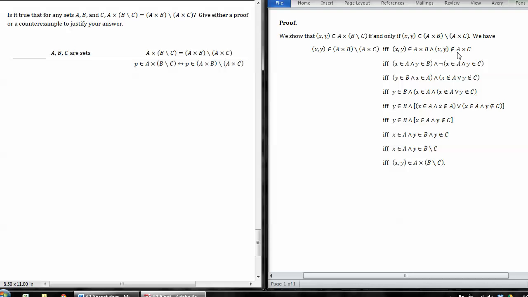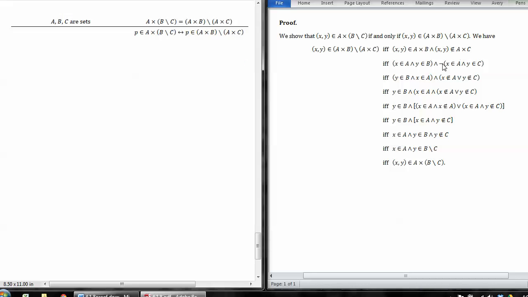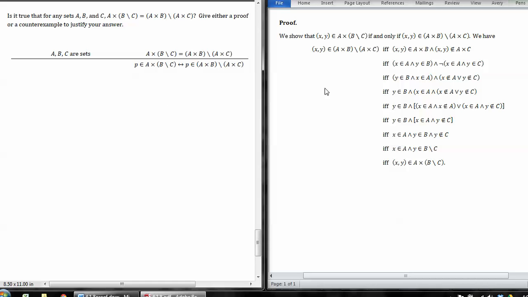And from there, in the first part here, I'm using the definition of Cartesian product. That means that x has to be in A and y has to be in B. And then here, (x, y) not being in A times C, well, that means it's not true that x is in A and y is in C. In the next step, I'm going to use, what's that called? De Morgan's law to distribute the negation.